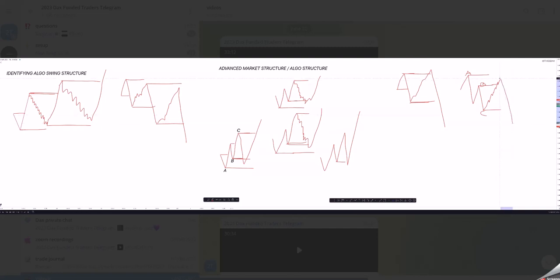So for you to consider this as a new swing structure, you must see a B. Instead of this zone here being your new swing structure, this one will be the new swing structure, this high to this low. This is now the new A, this is the new B, and this is the new C. So you anticipate price to do what? Take out the B and continue the trend.